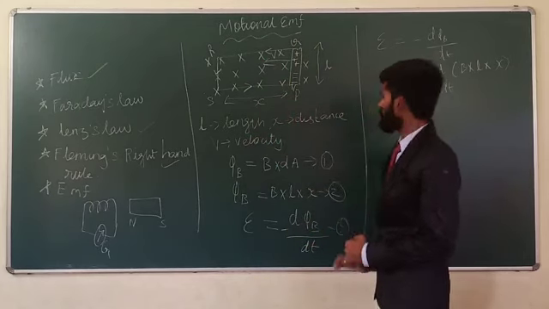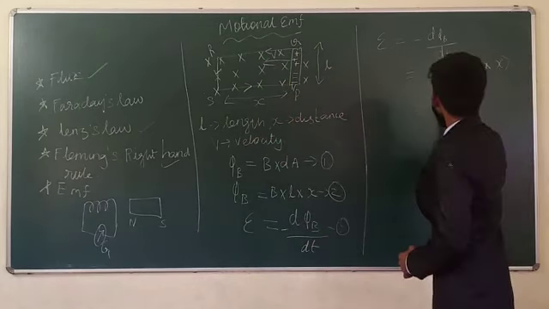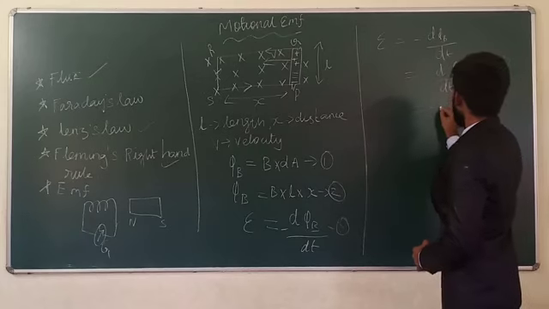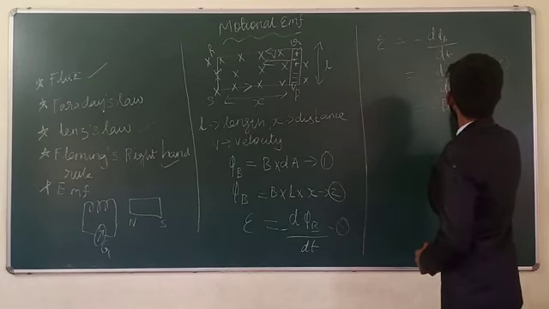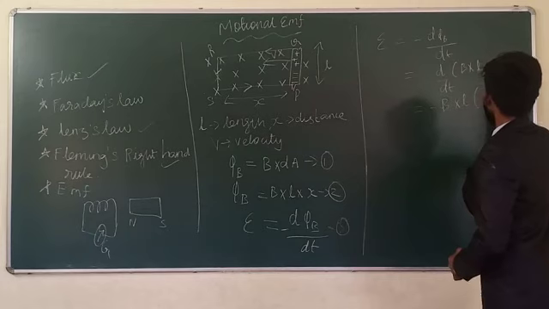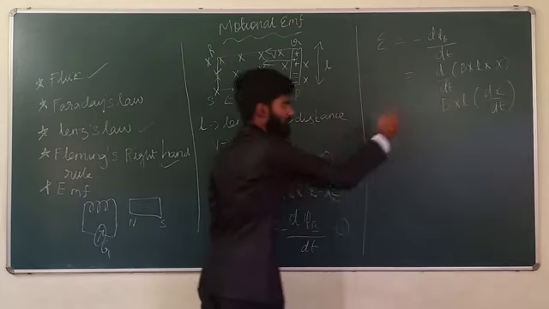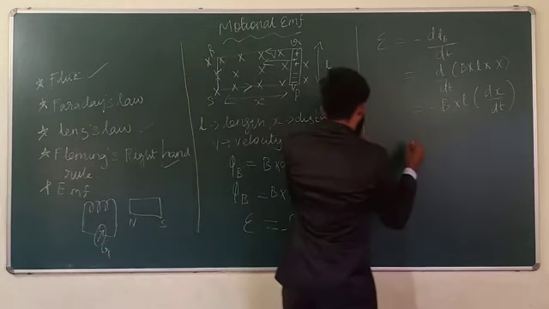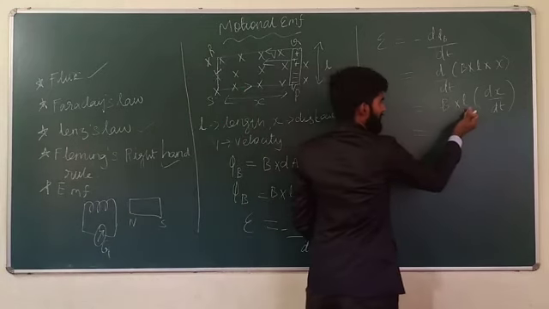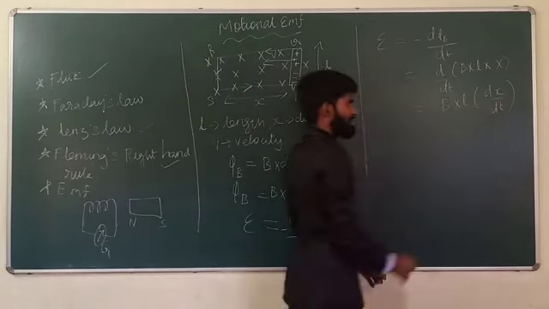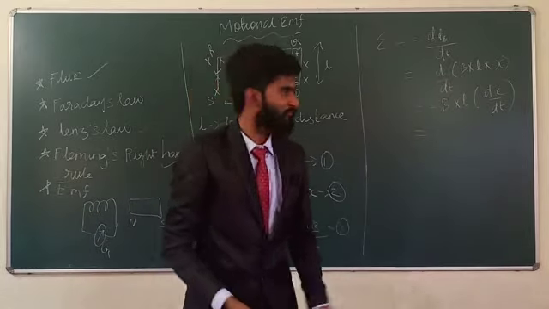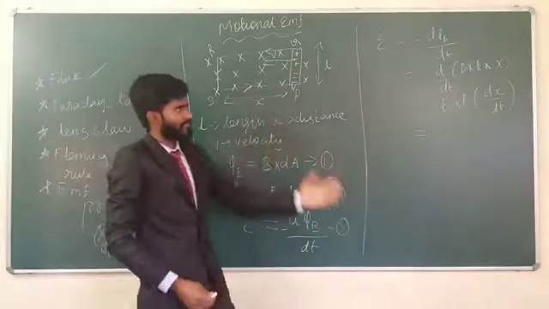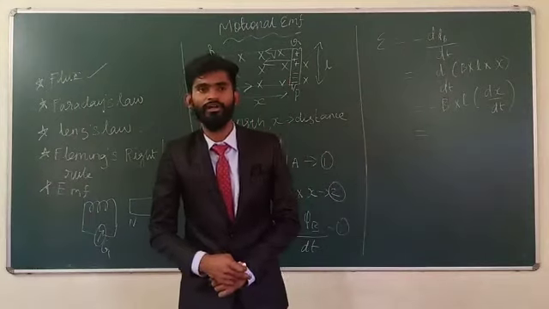So if the distance is varying, you can take all the constant things out and write only the variable terms in terms of differentiation. So only dx/dt is the variable term. We already know dx/dt is velocity. Once the distance is changing with respect to time, we call it velocity.